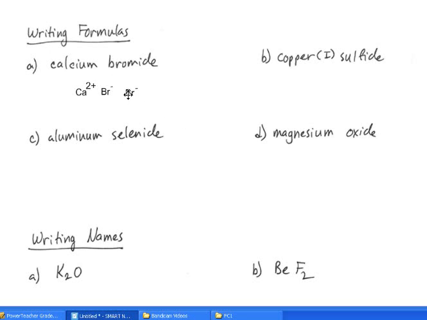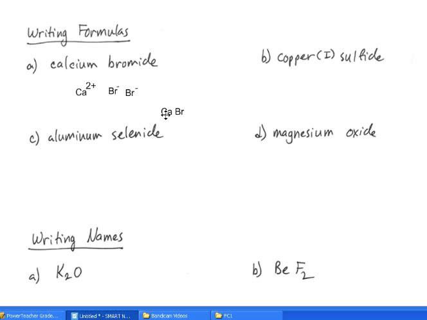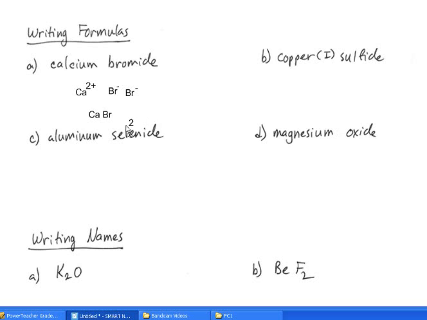If I had 2 bromides, that would completely balance off what I have here. 2 positives, 2 negatives, that balances out. So overall, what do I have here? The formula for calcium bromide, I have 1 calcium and 2 bromides. So I write that as a subscript 2, CaBr2. Okay, that's basically how it works.